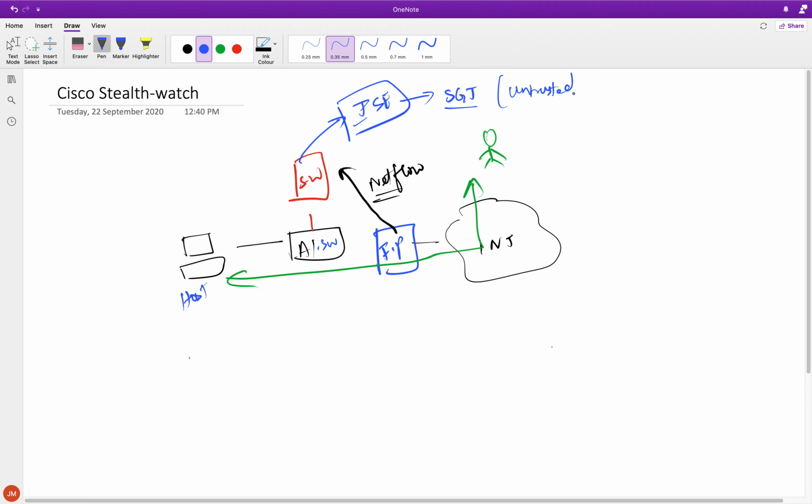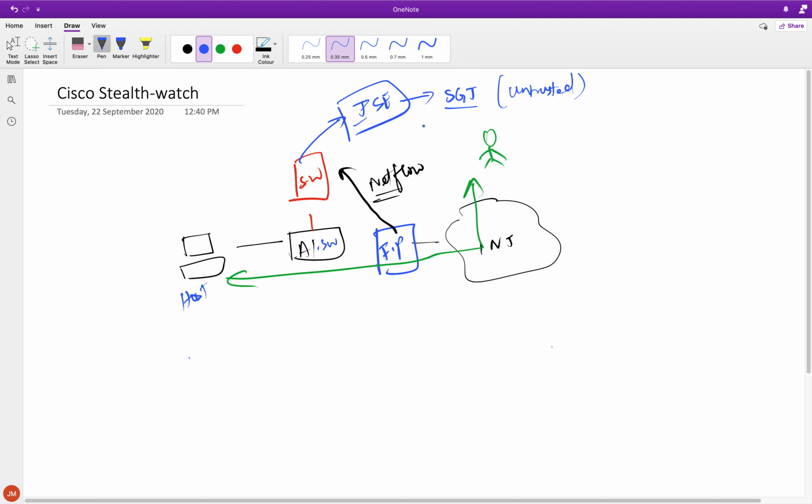So you see how quickly all of this played out. As soon as the host started talking to some malicious website on the internet, Stealthwatch came to know about it, and imagine there is a policy and an integration with ICE, and I can quickly switch the SGT to untrusted. So you can use Stealthwatch in such use cases.